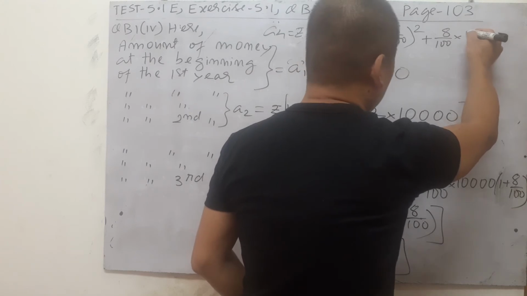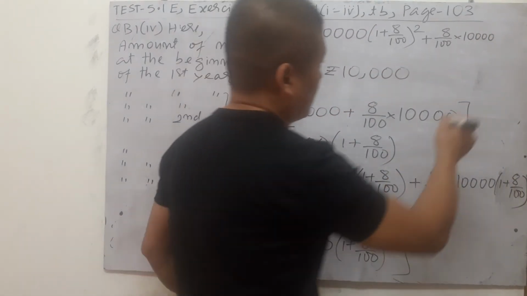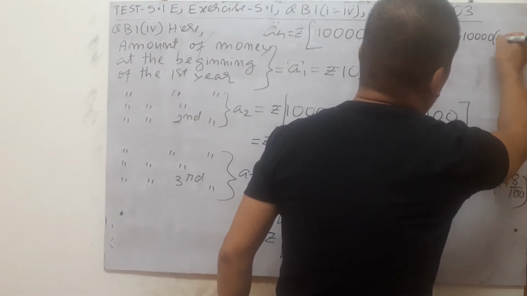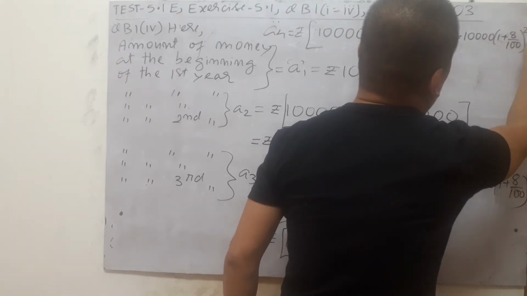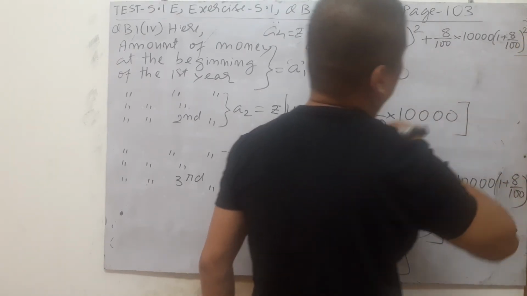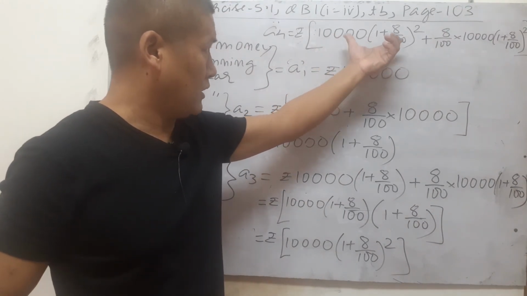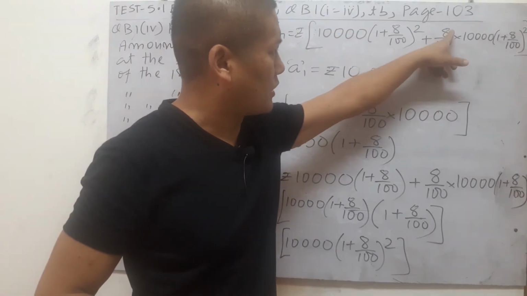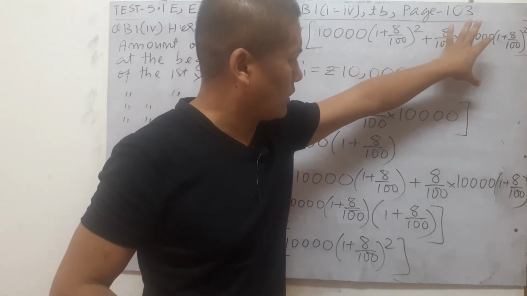So 10,000 into 1 plus 8 by 100 square. Then let me close it with this bracket. So this is the amount at the beginning of third year, which is now principal at the beginning of fourth year, plus the interest for fourth year is 8 by 100 into the amount at the beginning of third year, the principal.